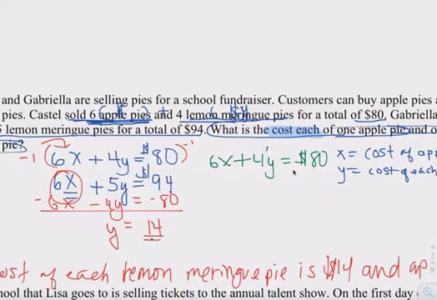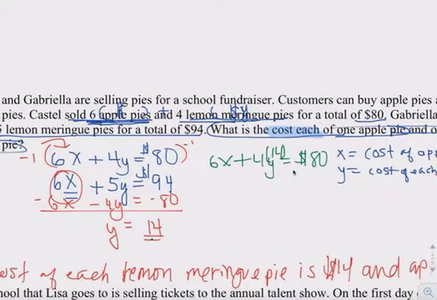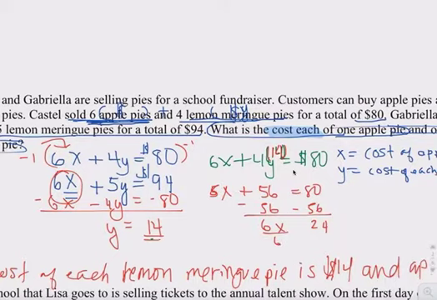So 14 goes here, and 4 times 14 is $56. 6x plus that equals 80, so 6x equals 80 minus 56, which equals 24. 6x equals 24, so let's divide by 6.